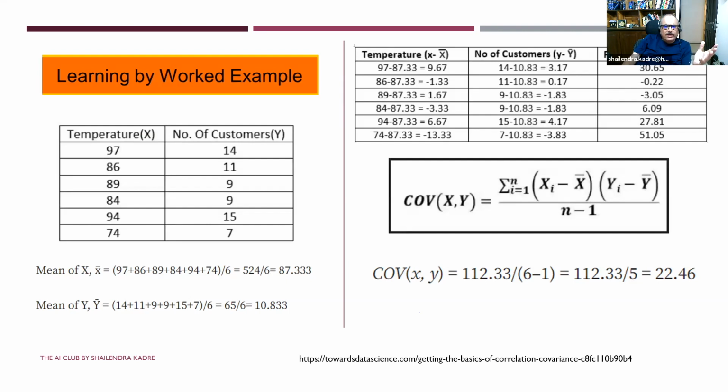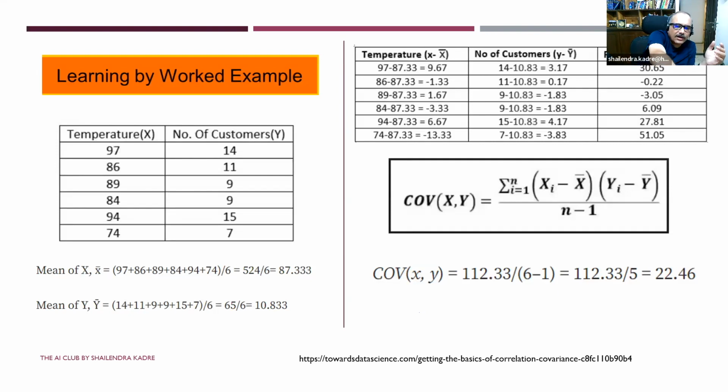Suppose again I have a retail store. And this temperature, of course, is in Fahrenheit. It's again US data. So whatever X you are seeing in the left-hand side table, temperature is in Fahrenheit. In centigrade, nobody can survive at 74 degrees, right?